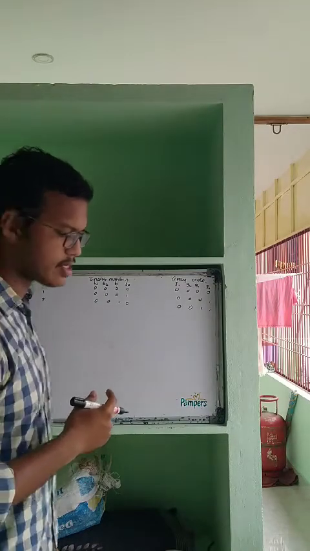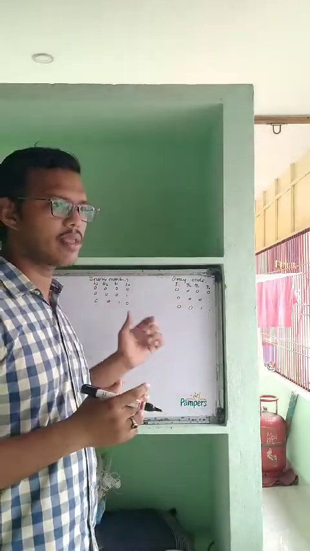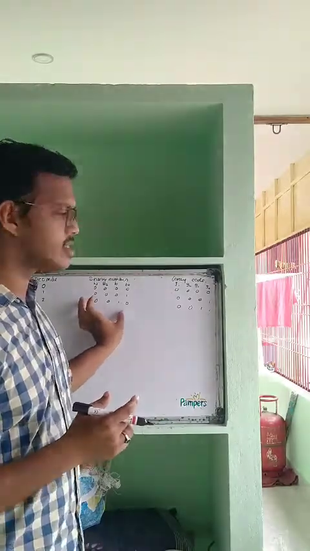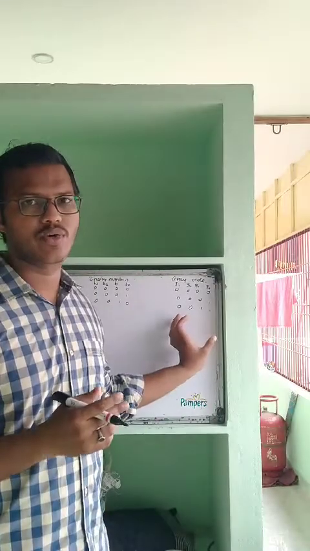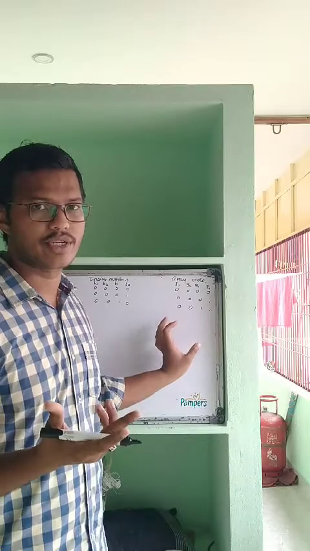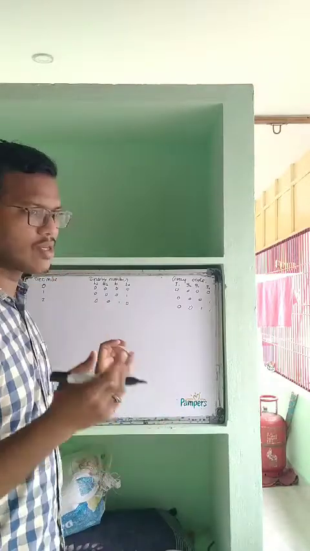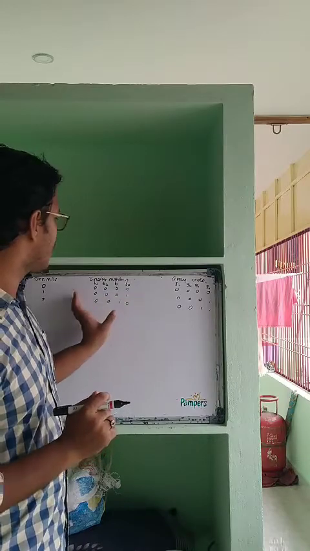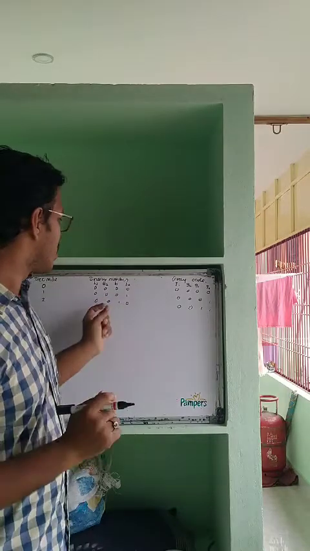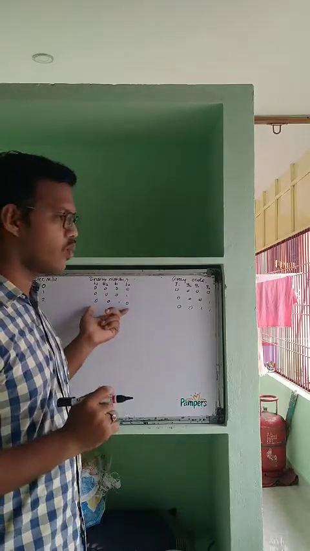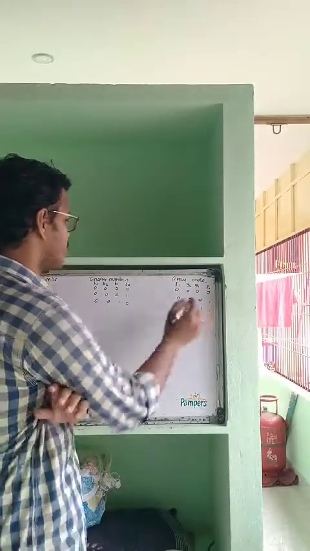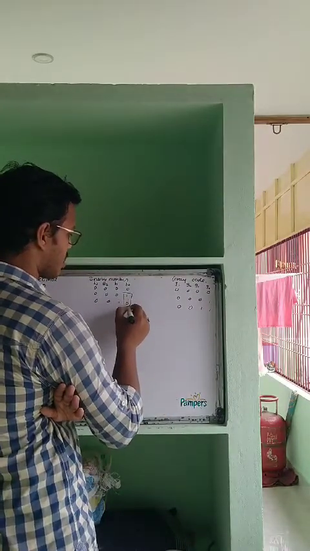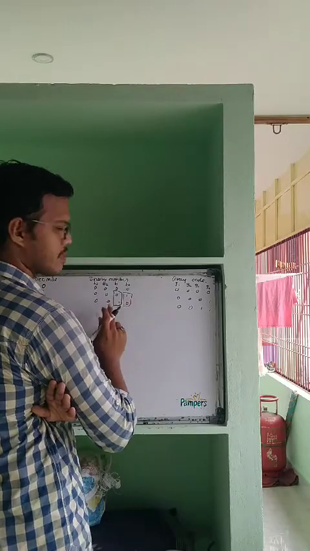One more point is, binary number is converted to gray code to reduce the switching operation, right? So what is that? To reduce the switching operation. If we see here in binary, two bits are changing.